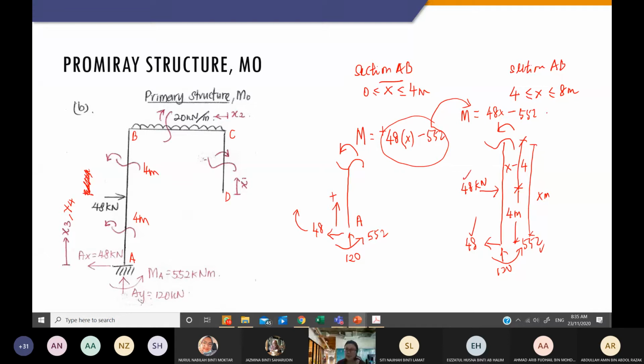This 48 is also acting in the same direction, so I have to minus 48, and the distance is x minus 4. You can simplify these equations to make your compatibility equation easier later, but I'm going to remain in this format.